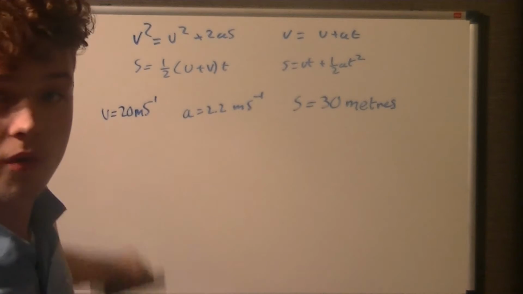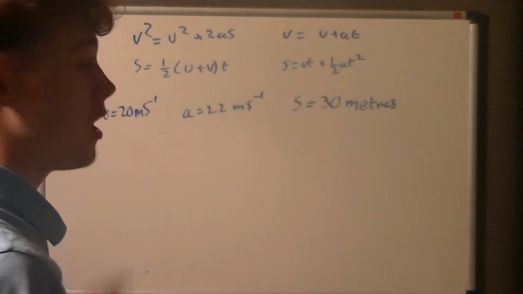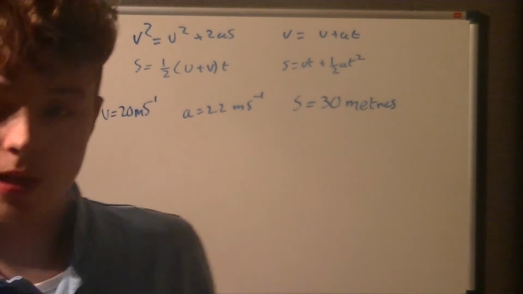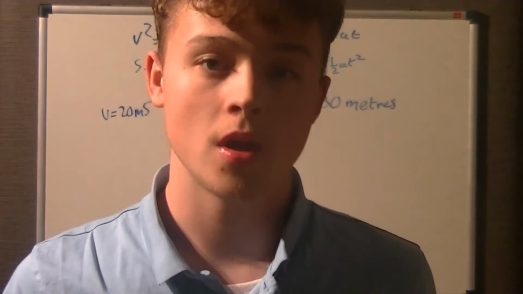So you know what V is, you know what A is, you know what S is. You look for the easiest equation to use. It necessarily doesn't have to be one that has all of them.